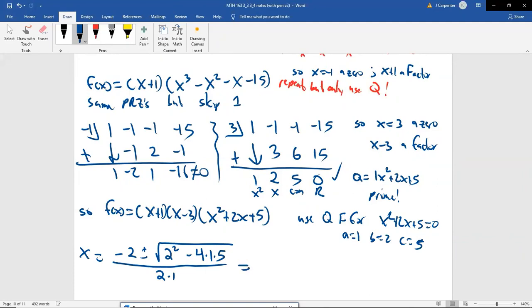And then it's just arithmetic. All right, so -2 plus or minus the square root of 2 squared is 4 minus 4 times 1 is 4 times 5 is 20. All over, I didn't need my square root that big. Here we go. I'm going on mute for a second.